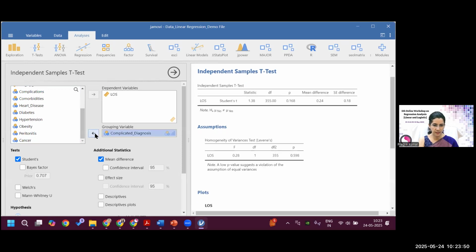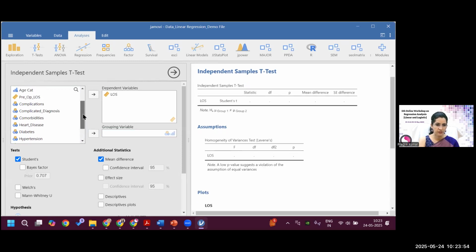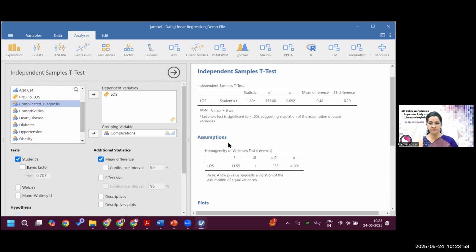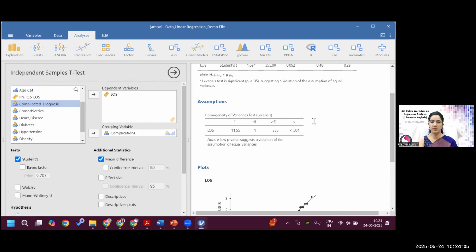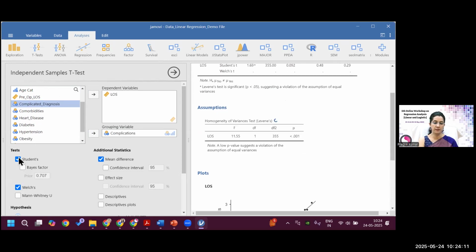So let me check the first one also. This was the grouping variable, complications. Again, it is like 0.09. And if you see the homogeneity of variance, it is not met because it is less than 0.01, so I will go for the Welch t. I won't report the Student t.